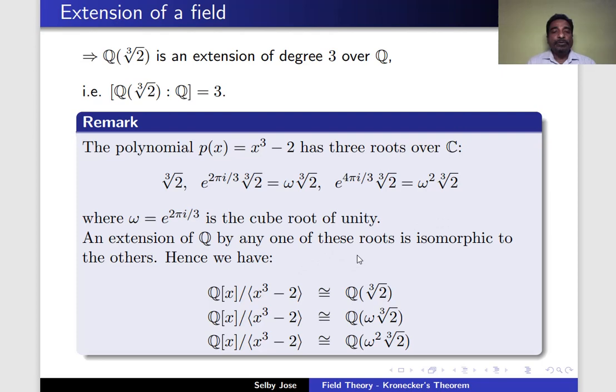So therefore, by the previous theorem, the quotient ring Q[x] mod x cube minus 2 will be isomorphic to Q(cube root of 2), and in fact this is also isomorphic to Q(omega cube root of 2), because omega cube root of 2 is also a root of p(x), or x cube minus 2. Also, Q[x] mod the ideal generated by x cube minus 2 is isomorphic to Q(omega square cube root of 2).